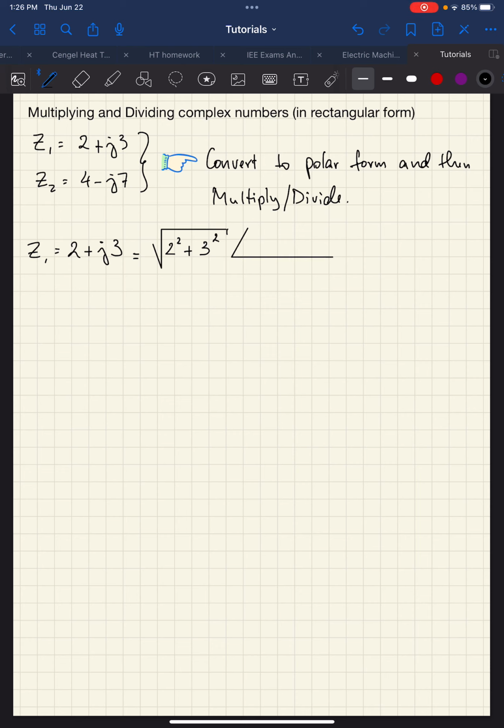To find the phase angle, you do the inverse tangent, arctangent, of the imaginary part over the real part. And when you punch the numbers in, you get this.